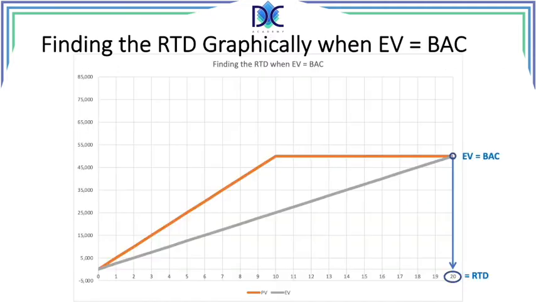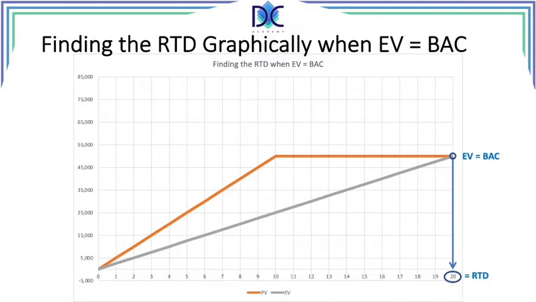Now, when we look at this in a graphical way, we can find our planned value graph in orange, and we have the gray curve where we continue with the project with the same SPI, until we find the intersection where the earned value is equal to the budget at completion.